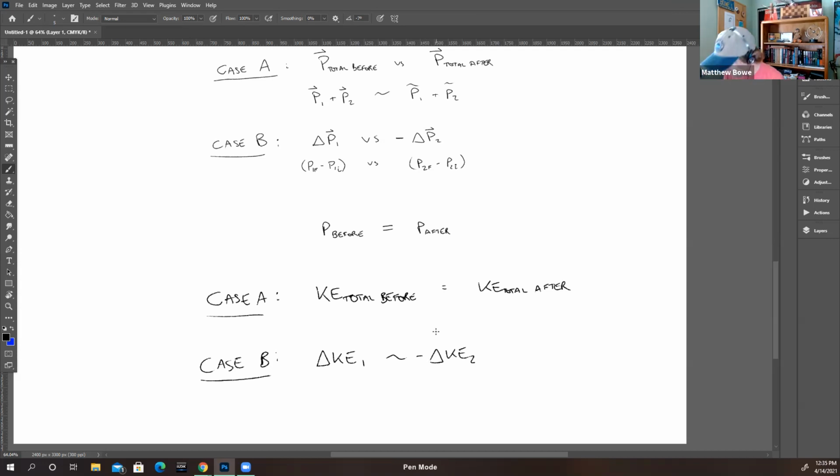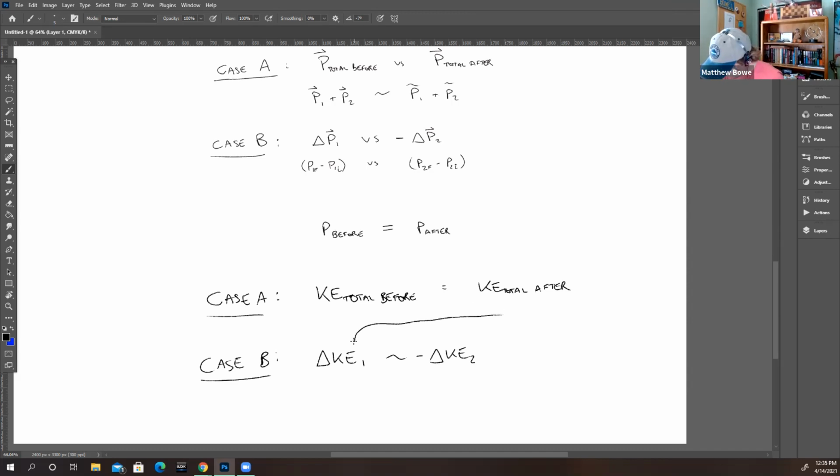So that's saying if one car loses, so up here, if the first car loses some momentum, it is then given to that other car. That's why I'm putting this negative sign in there. Hopefully that makes sense. If not, I could maybe show it with a picture.